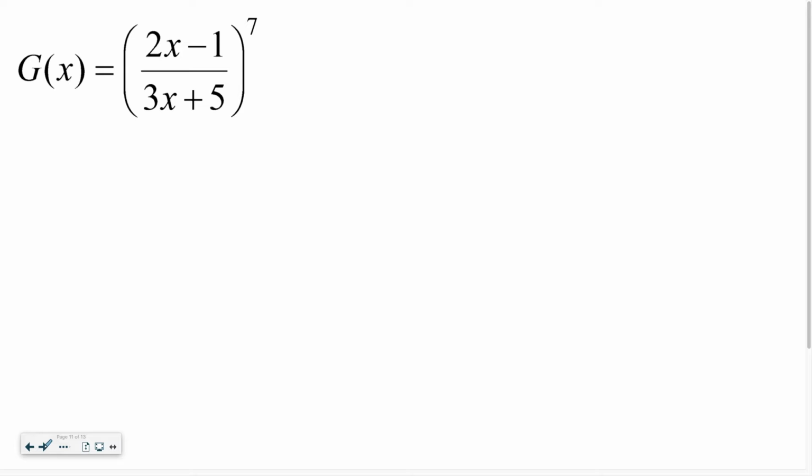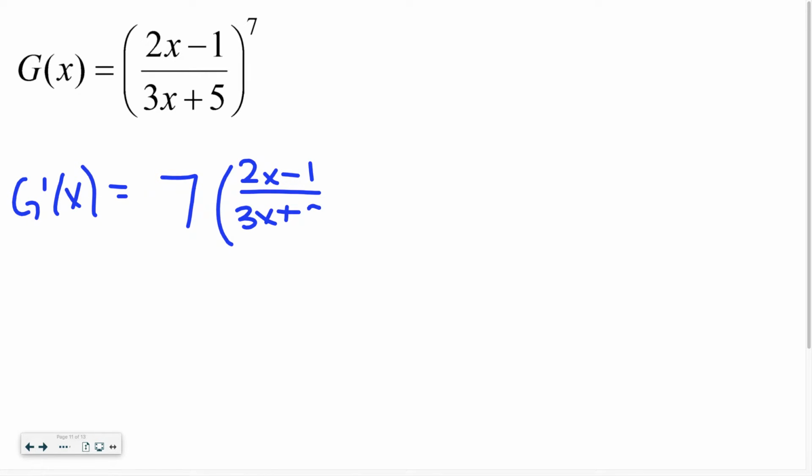Okay, so we have a chain rule problem, right? We have that function inside of the 7th power, right? So we're going to have to do the chain rule to where we are saying 7 times this ugly guy to the 6th power times the derivative of the inside.